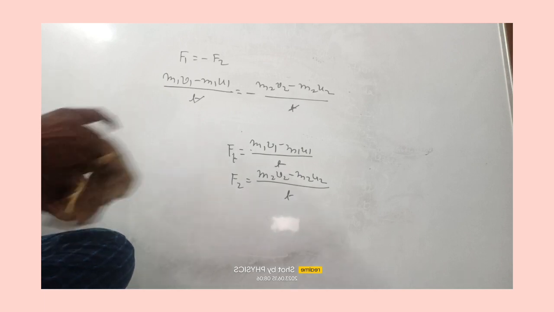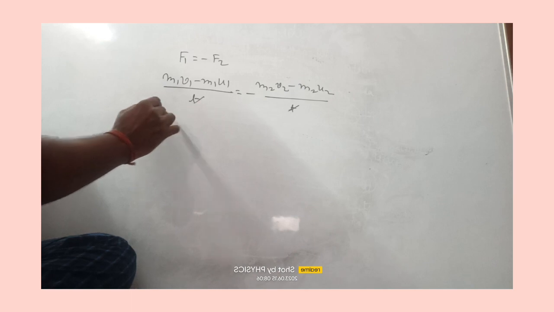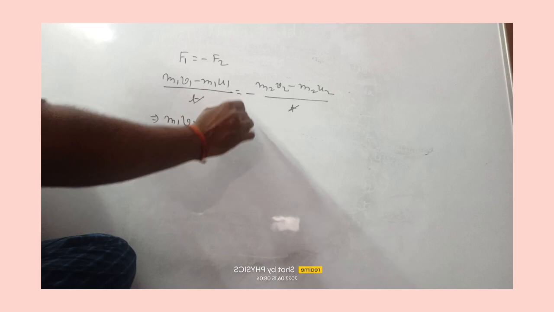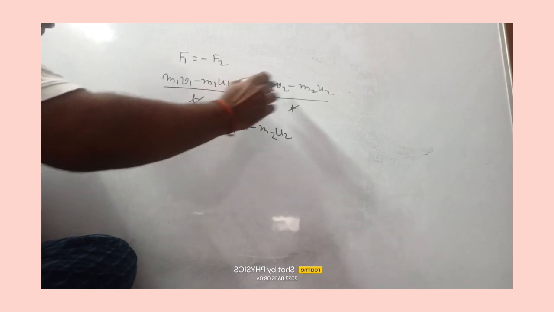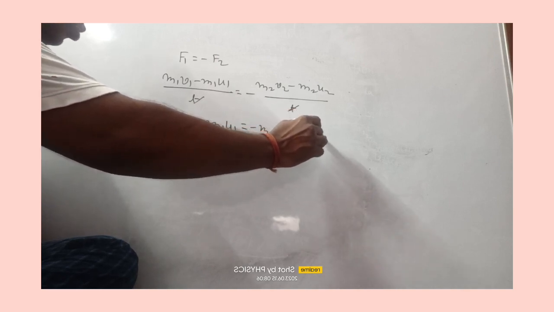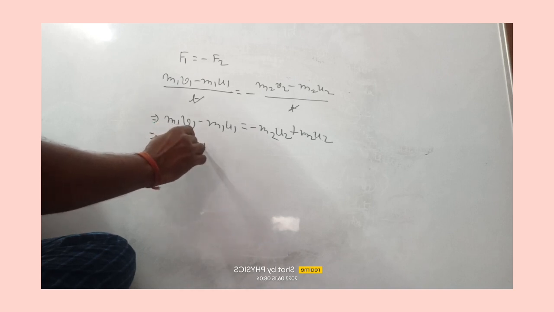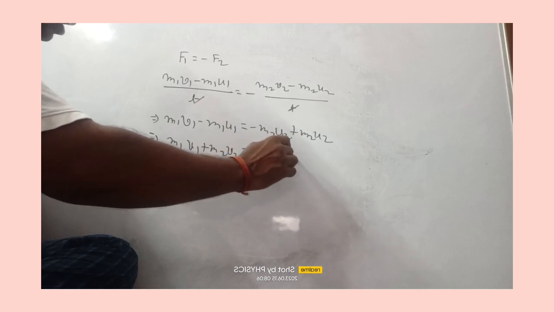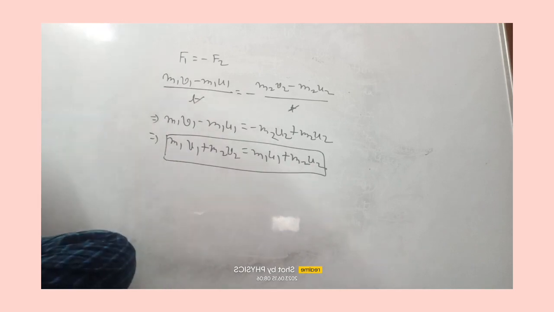So m1 v1 minus m1 u1 is equal to minus m2 v2 plus m2 u2. So m1 v1 plus m2 v2 is equal to m1 u1 plus m2 u2. That is the conservation of linear momentum.